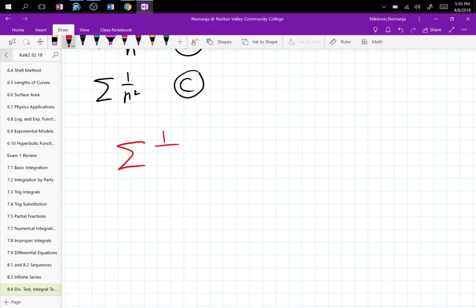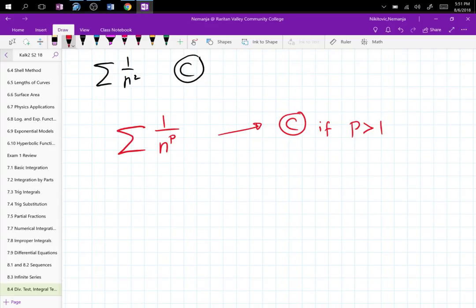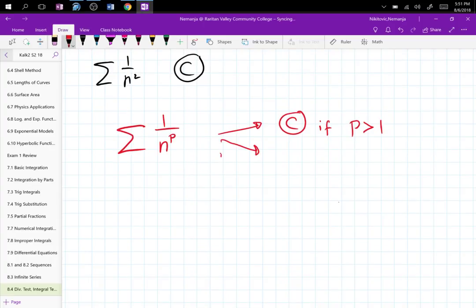Summation of 1/n to the p is going to be convergent if p is larger than 1, and it's going to be divergent if p is less than or equal to 1.